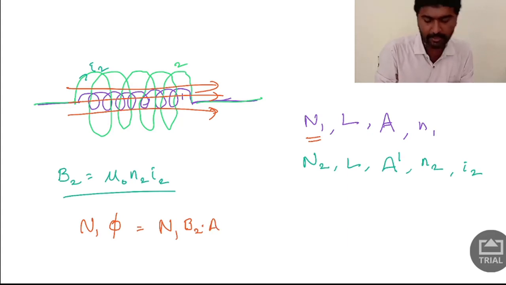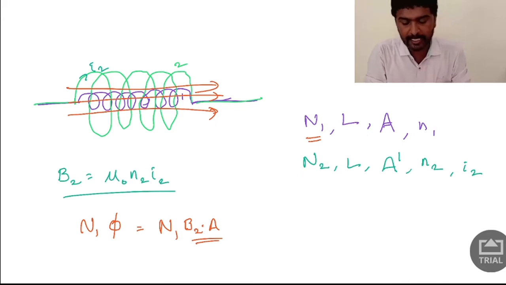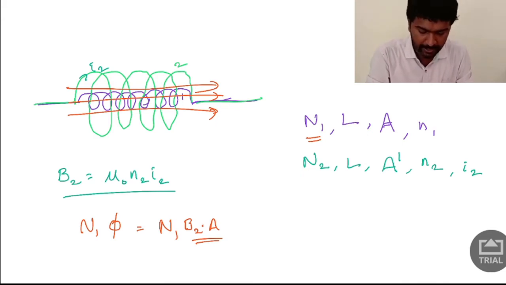So B2 is the magnetic field inside the coil and A is the area of the first coil, and there are N1 turns, so you can multiply that by N1.